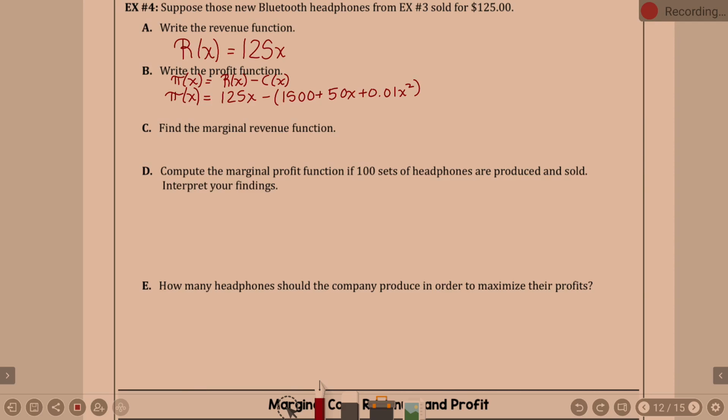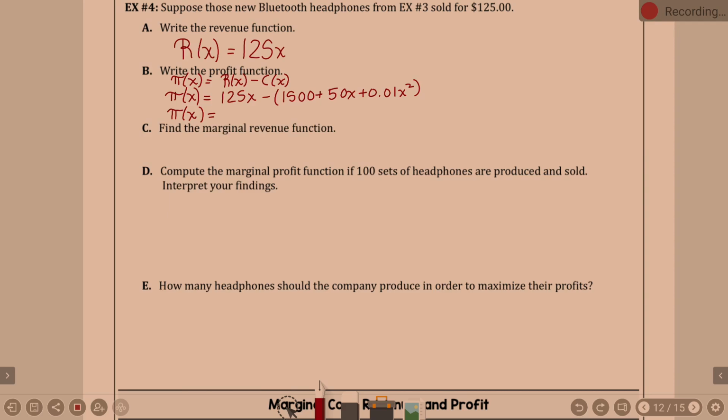Because it's the revenue, which is 125x, minus that entire cost function. Can we clean that up a little bit? We can. Like terms, it's 125x minus 50x, yes? 125x minus 50x is going to be 75x.